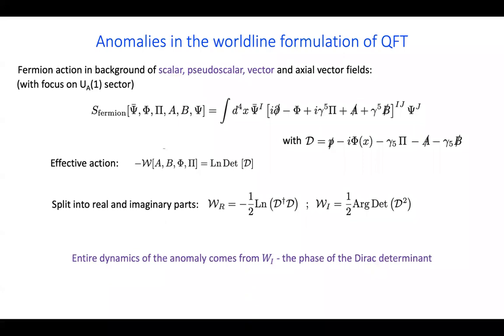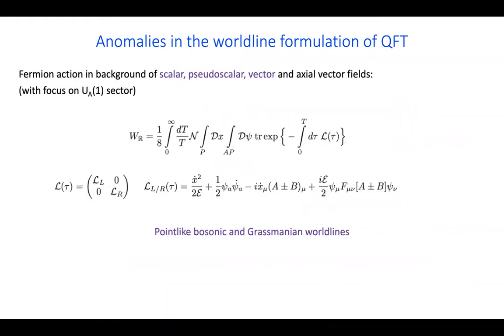Now you can just do a simple trick where you split this into real and imaginary parts. And the imaginary part is just a phase of the Dirac determinant. And the entire dynamics of the anomaly comes from this imaginary part, the phase of the determinant. Now, you can just work with the real part, and you can use this famous Schwinger trick and write down the effective action as an integral over a proper time variable with some normalization. And then these bosonic and Grassmannian point-like variables.